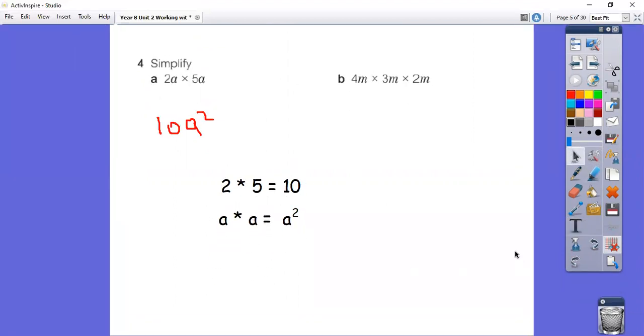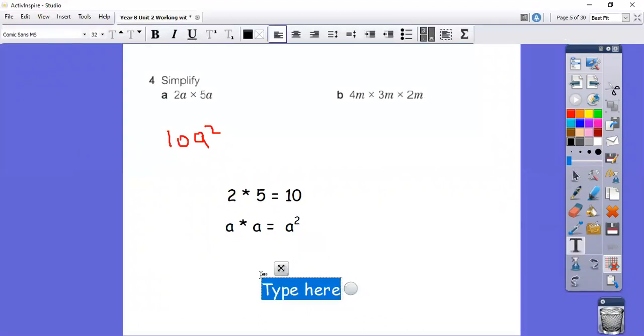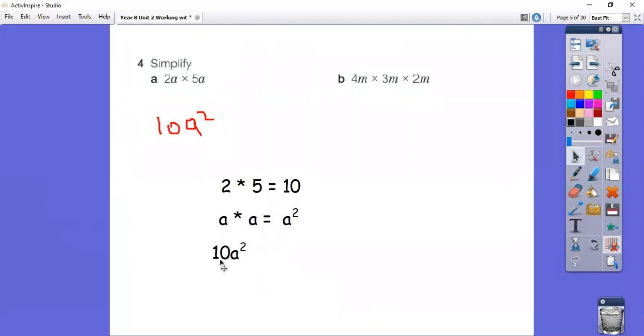So bringing the two together, that will give you 10a squared as your final answer.